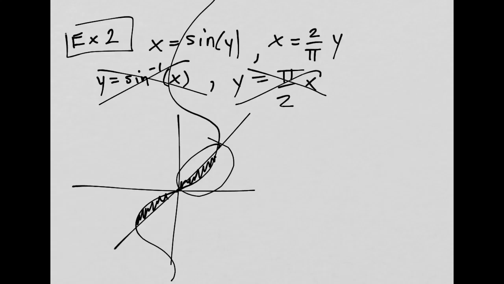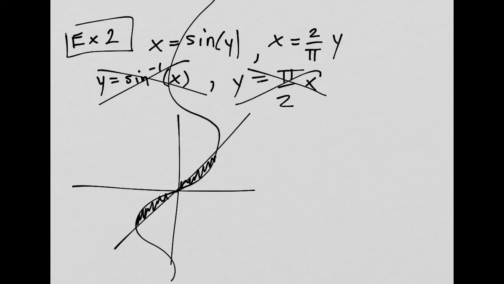Sine of y, yeah. If you're integrating with respect to y, the top function is the one that's farthest to the right. Do we understand that? If you just turned it on its side, it would still be the top function.